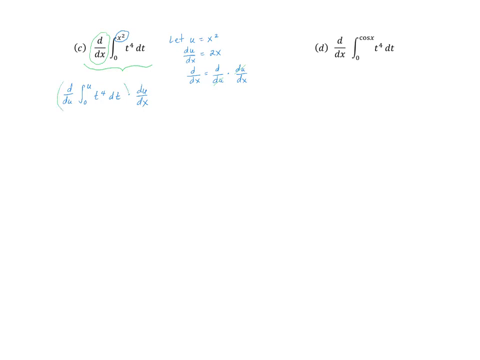So now if we look at this first piece here, that fits the fundamental theorem of calculus, which says that the first part will cancel and all I have to do is replace t with u. So this is going to be u to the 4th times du dx, which is just 2x.